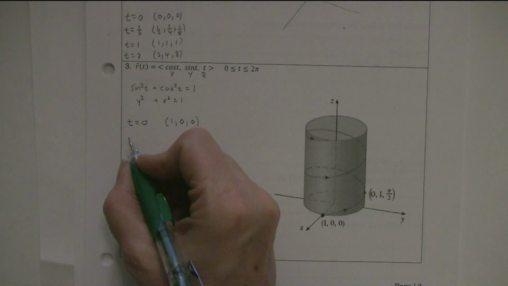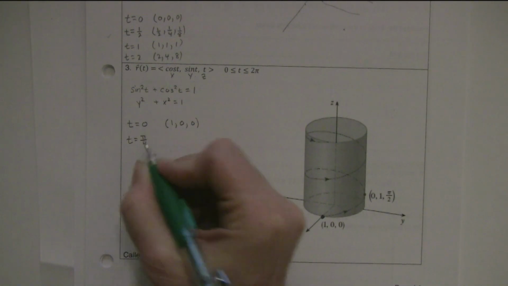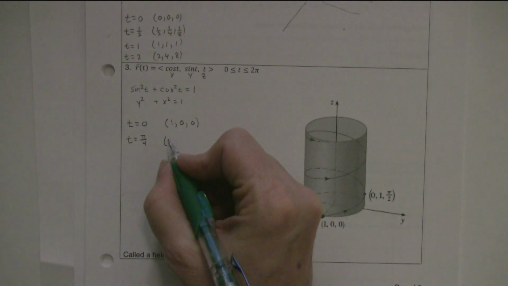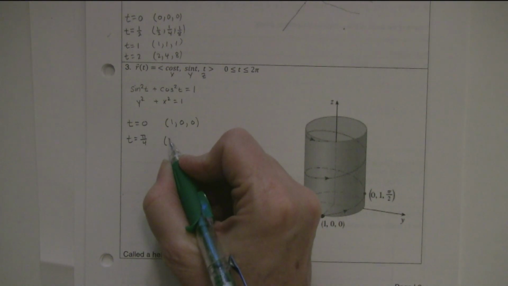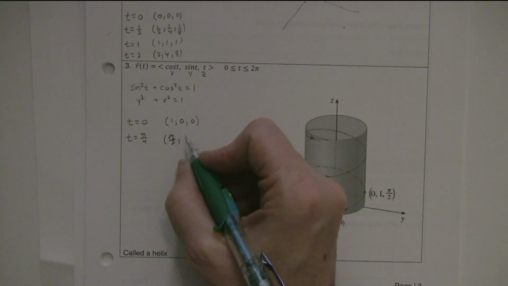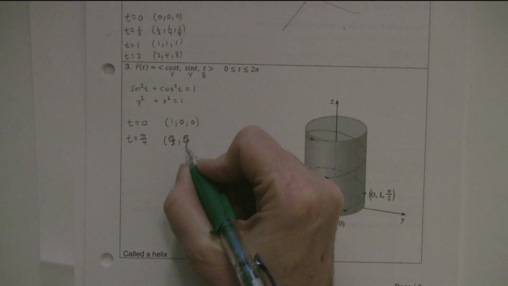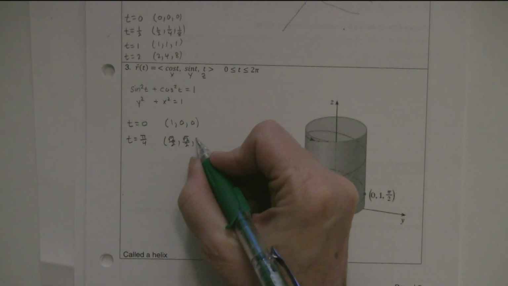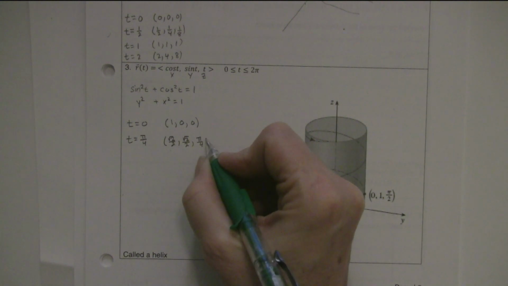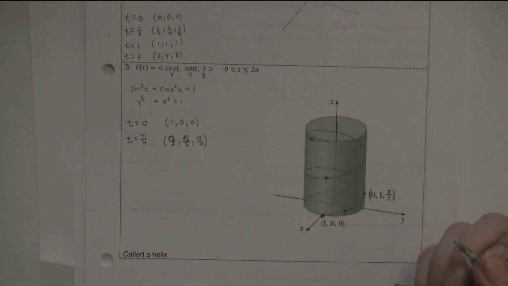And then we could pick t is pi over 4, say. The cosine of pi over 4 is the square root of 2 over 2, which is around 0.7. And the sine of that is also the square root of 2 over 2. And pi over 4 for t. And that's an ordered pair that would be on there as well.